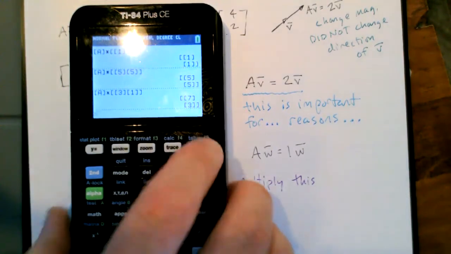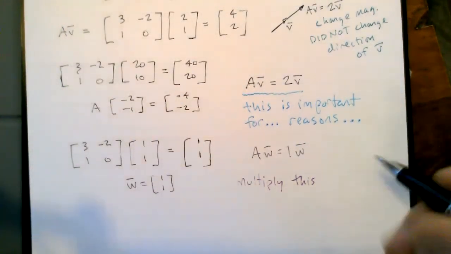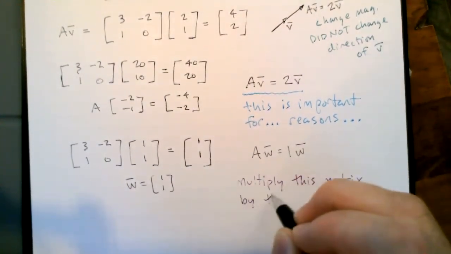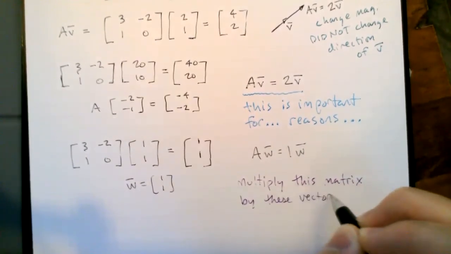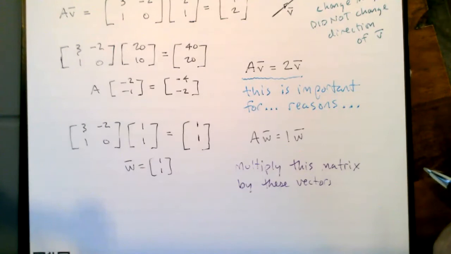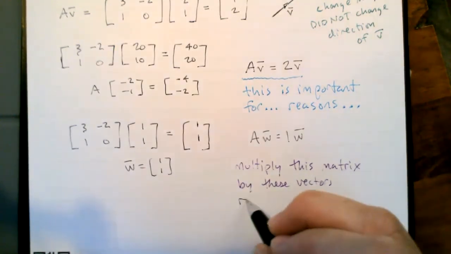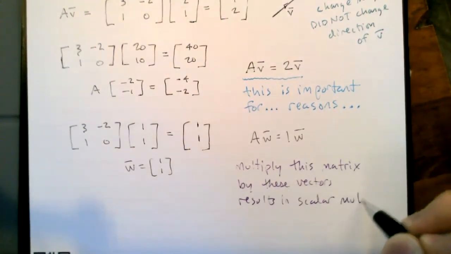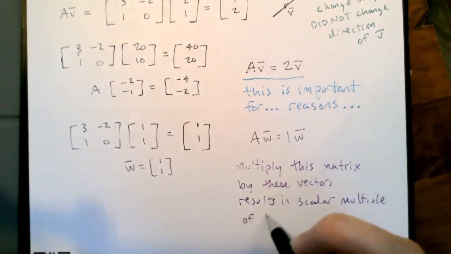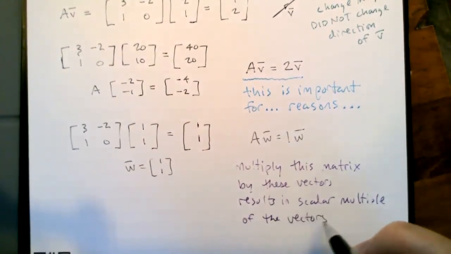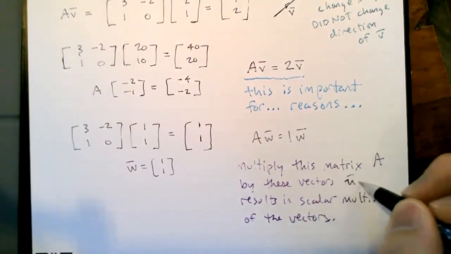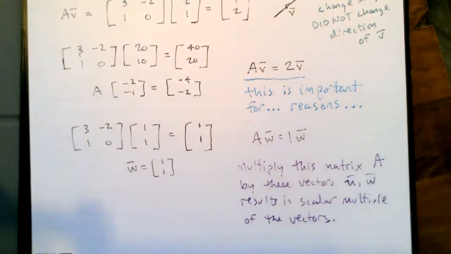It's interesting when I multiply this matrix by these vectors, U and W, and it results in just a scalar multiple of the vectors.